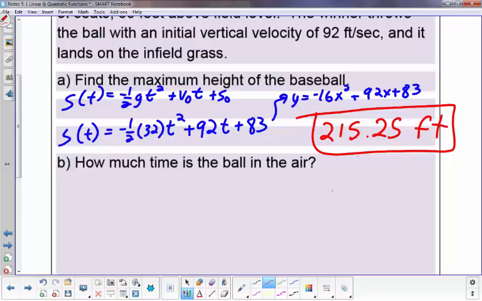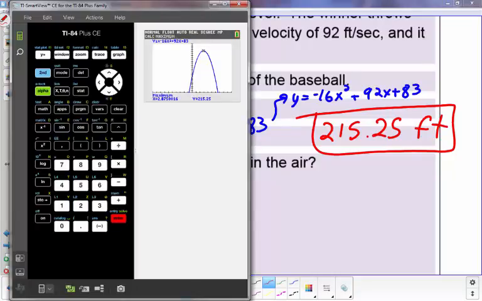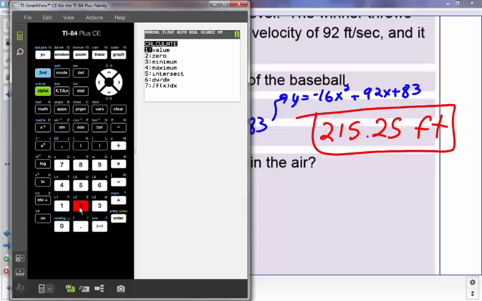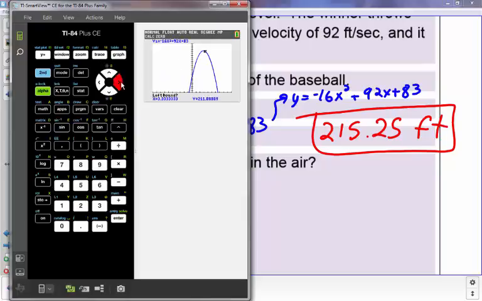Now the next question says, how much time is the ball in the air? Well, we basically want to find out how long does it take to hit the ground. Well, the ground is down here. This is where it hits the ground, way down here. So we actually need to find what point is that. We need to find our 0. So to do that, we're going to do the same thing. Second trace, and we're going to find the 0, number 2. And it does the same thing, left bound, right bound.